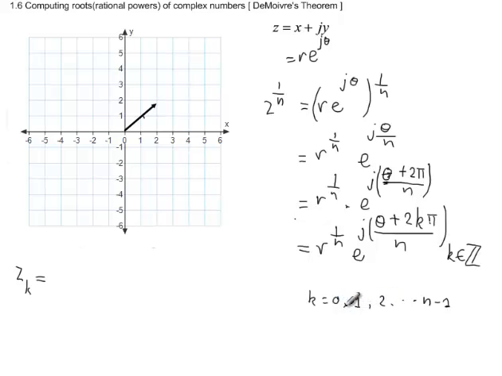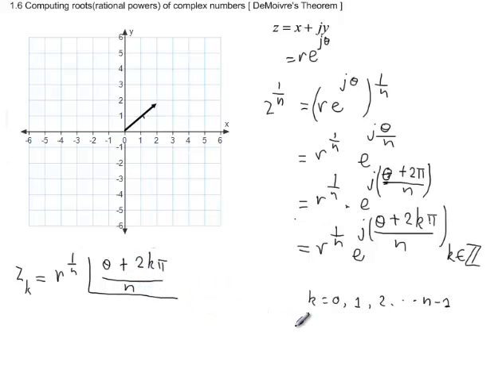How many roots are there? 1, 2, 3. Altogether. So now, I think the most economic way of representing this is in polar form, this way. Then we put this as the argument: theta plus 2k pi over n.